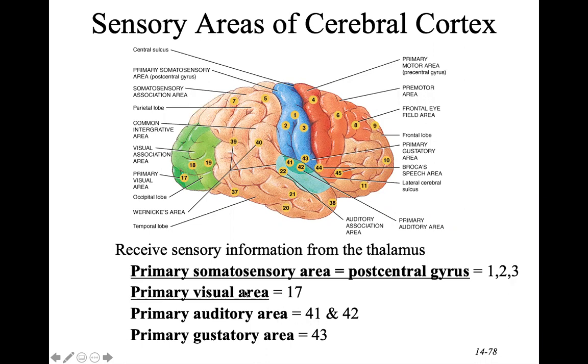Let me just move this because I can't see what the next one is. The primary auditory area, as we said earlier, for hearing, this is the temporal lobe. So you can hear my voice and you go, okay, I know your cranial nerve 8 works. You can hear me. But now if we say, can you identify this person's voice, right?